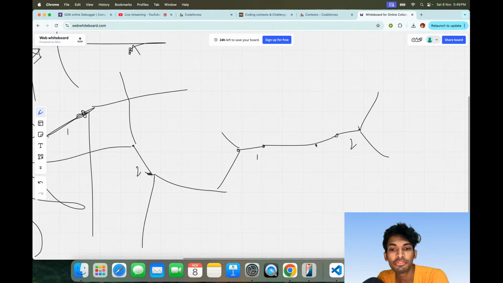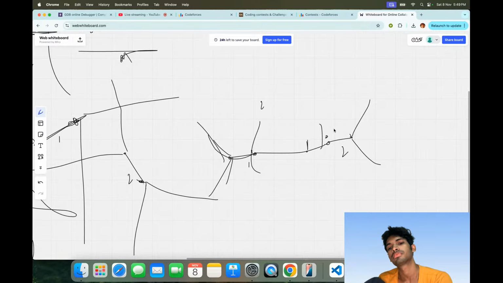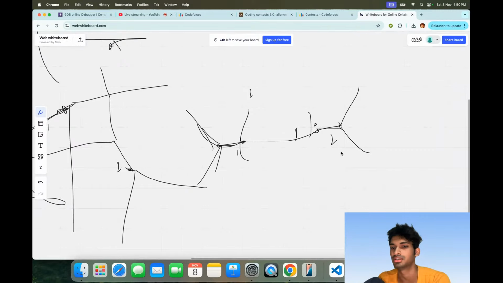If you have one on this side, you can cover all of them with one itself, and then you make it two, and then you can cover all of these things too, and then you come here. So 1 2 was done, and then you have to see again, 3 might divide it.